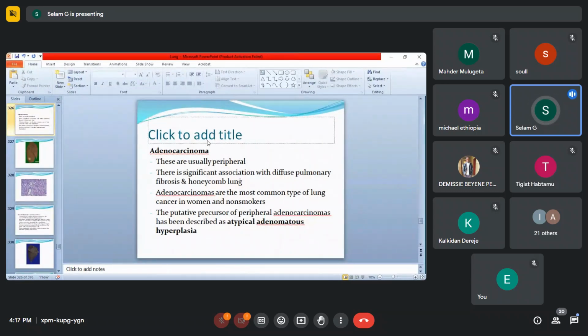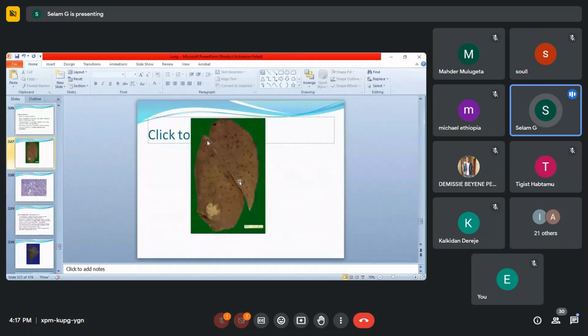So the putative precursor for squamous cell carcinoma is squamous metaplasia and dysplasia, especially dysplasia, while for adenocarcinoma it's atypical adenomatous hyperplasia. So you see it is found, unlike the squamous cell carcinoma, at the periphery, at the subpleural area.